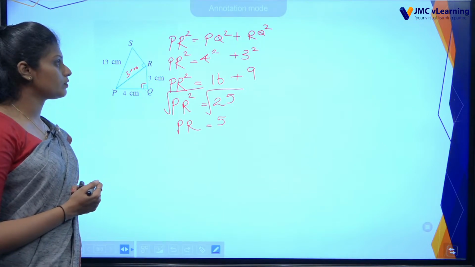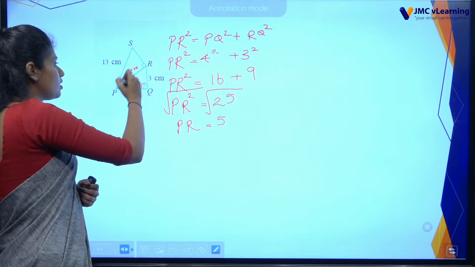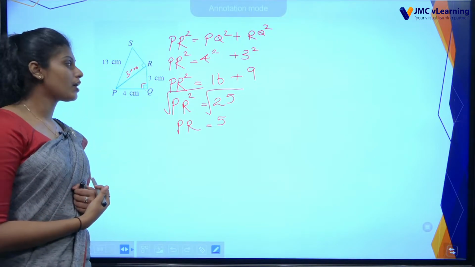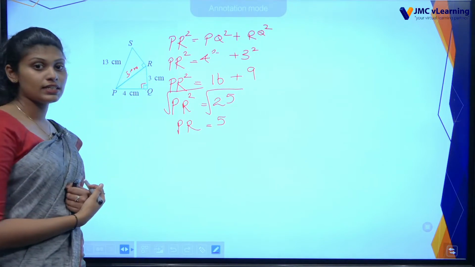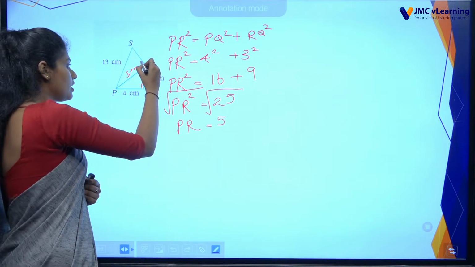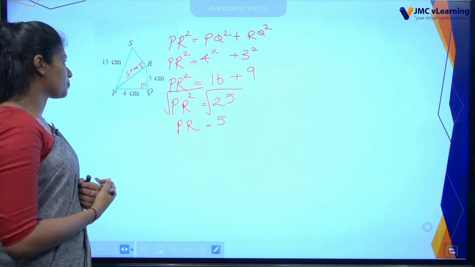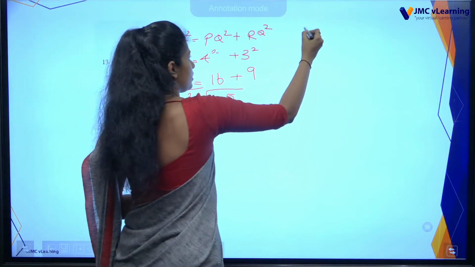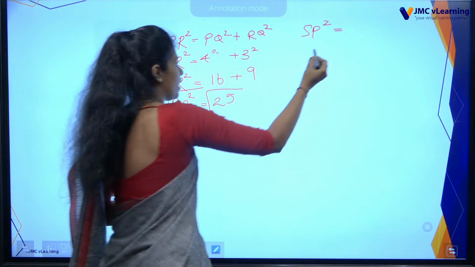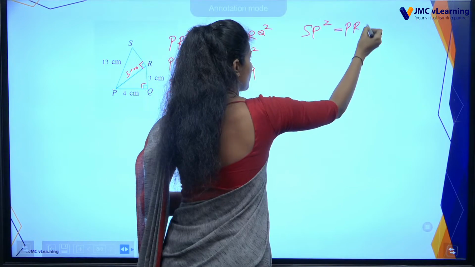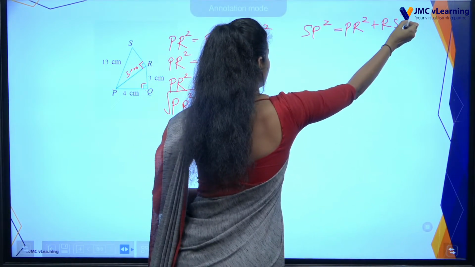So how can we find the length of SR? Let's consider the PRS right angle triangle. SP is the hypotenuse. Why is that? This is 90 degree, the opposite length is SP. So SP squared is equal to PR squared add RS squared.